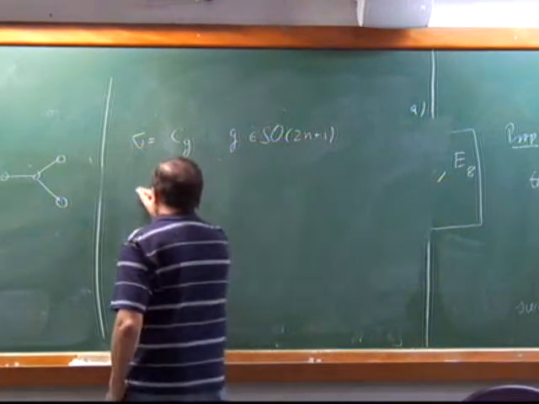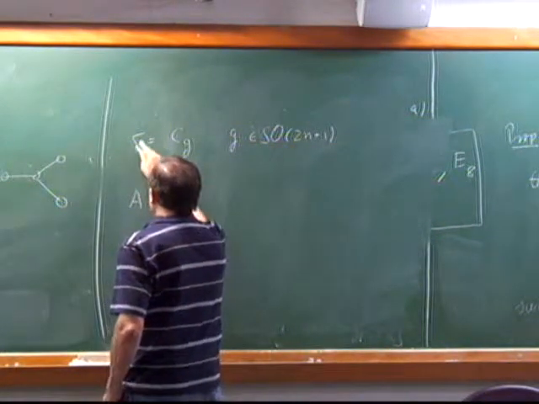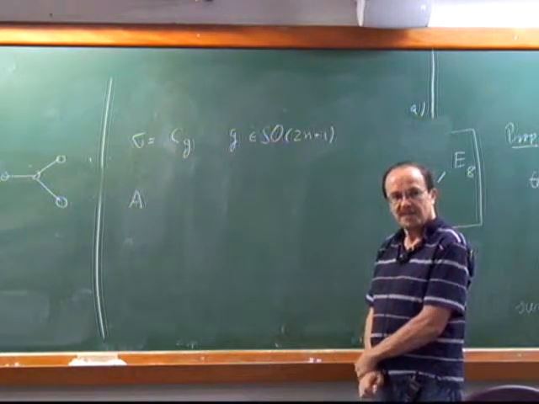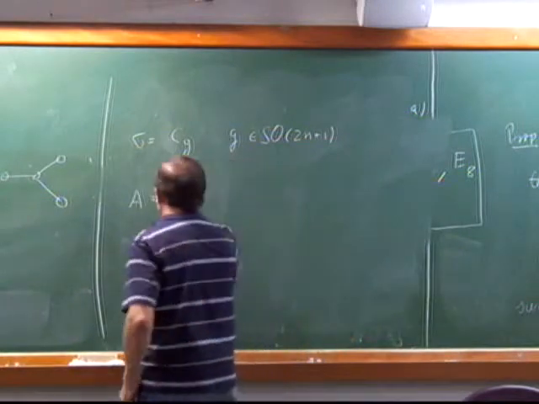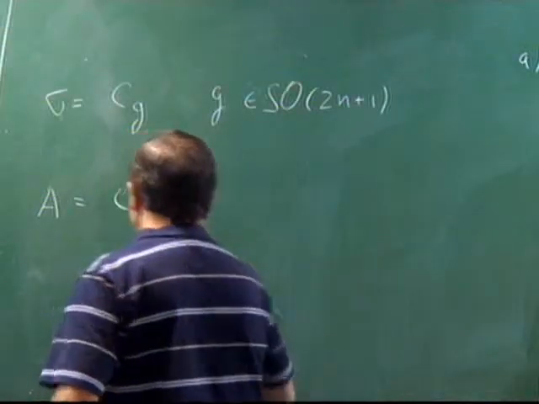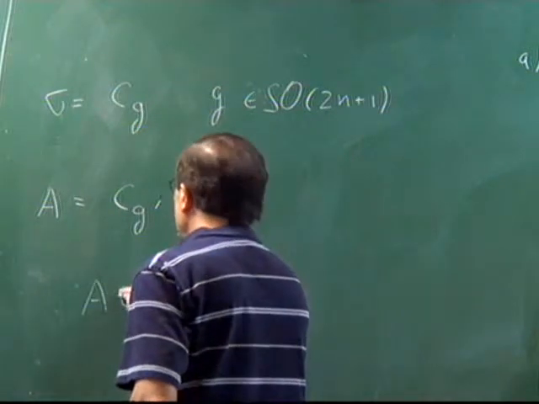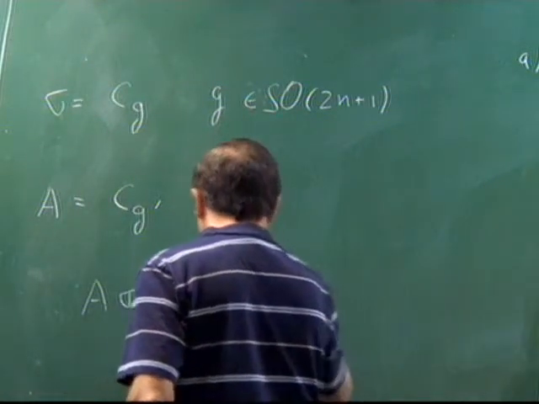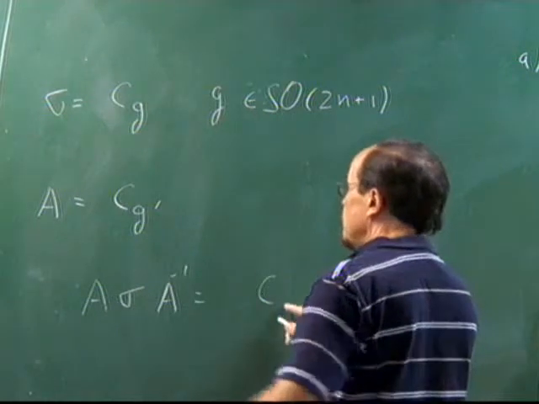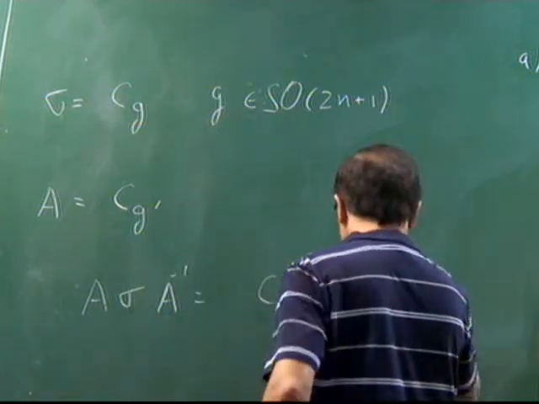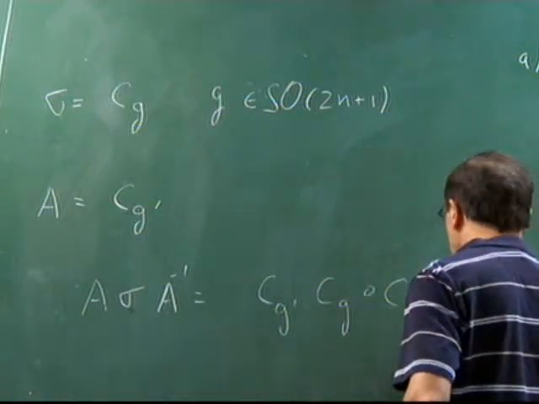So if I want to change sigma into a new sigma prime with an automorphism A, which is again inner, because every automorphism is inner, I can choose, say, A, sigma prime and change sigma to A sigma A inverse. So that's conjugation by g prime, conjugation by g, conjugation by g prime inverse.